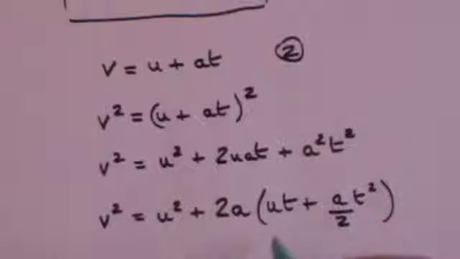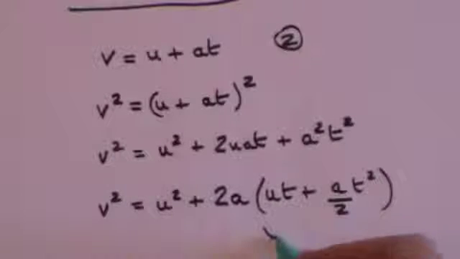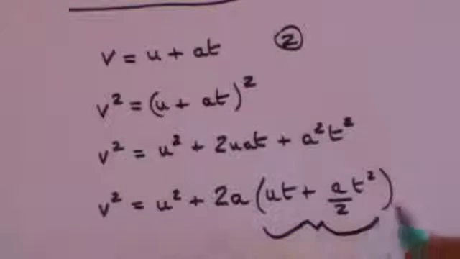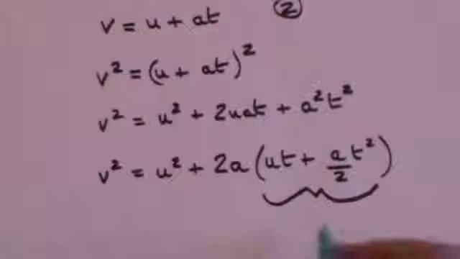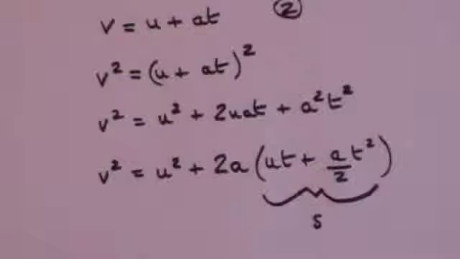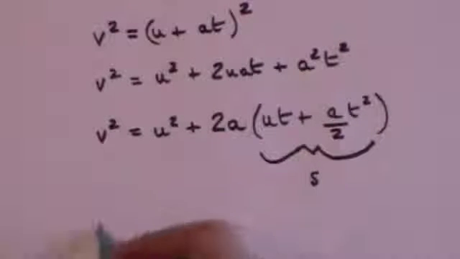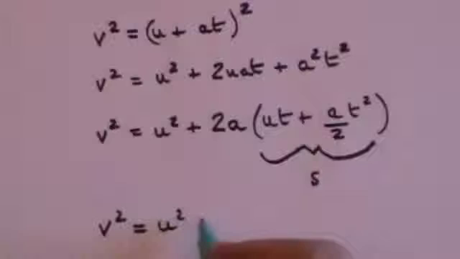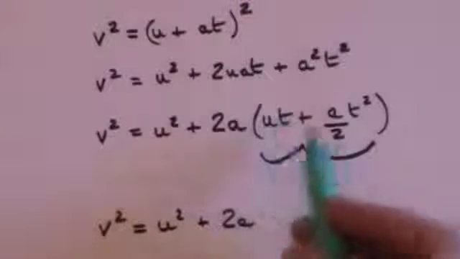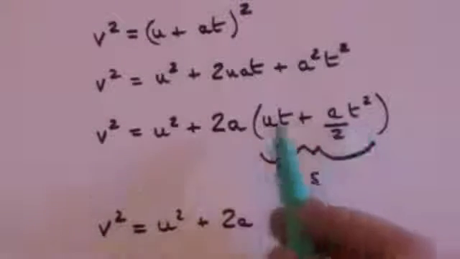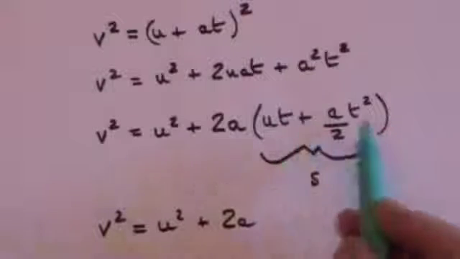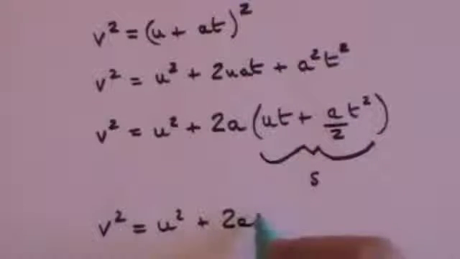But you should recognise that ut plus a half at squared is suvat number 3. That is just distance, s. Consequently, v squared equals u squared plus 2a times this great term here, but that is suvat equation number 3, and that's just distance.